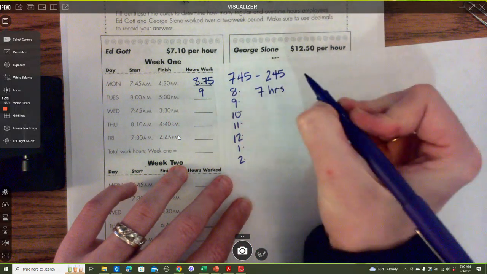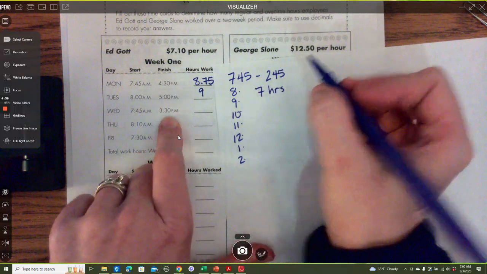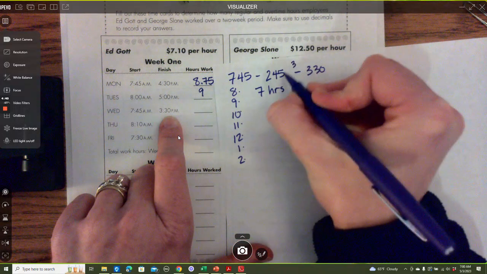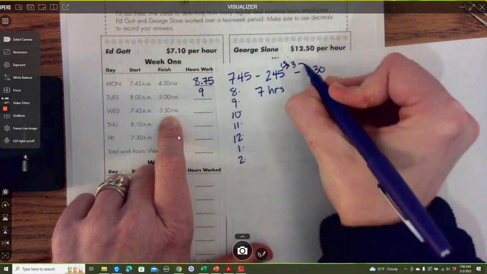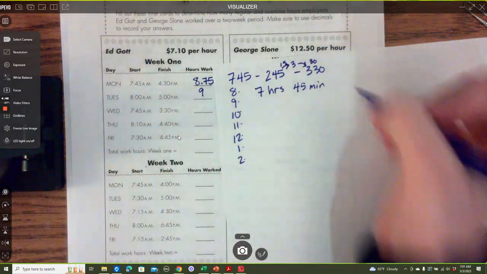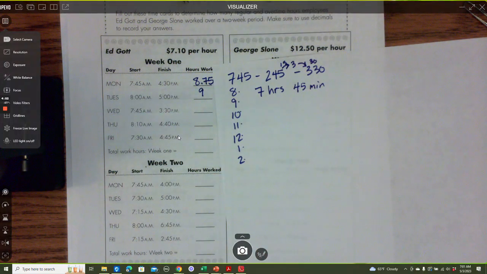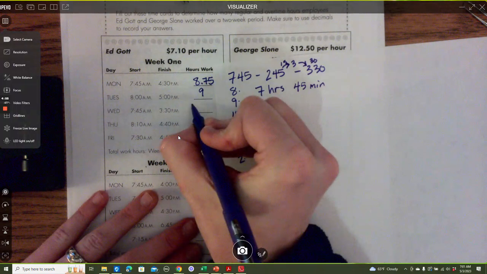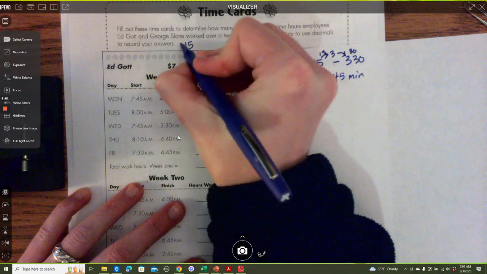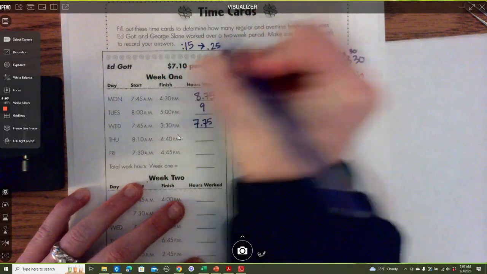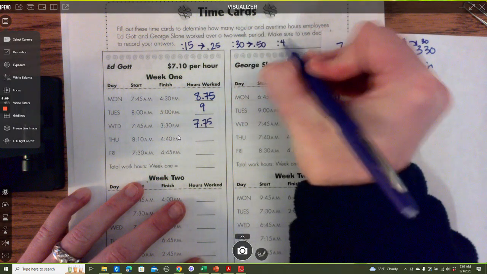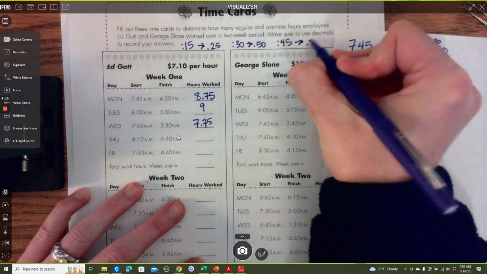Then I've got to go the rest of the way to 3:30. 2:45 to 3 would be 15 minutes, and 3 to 3:30 would be 30 minutes, so that would be 45 minutes. Written as a decimal, it would be 7.75. Again, if it's something 15, it's 0.25. Something 30, it's 0.50. Something 45 would be 0.75.